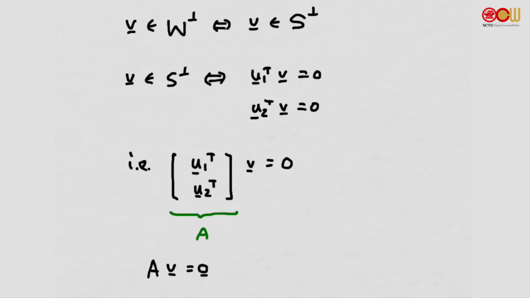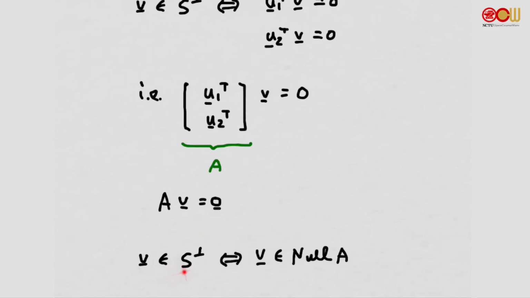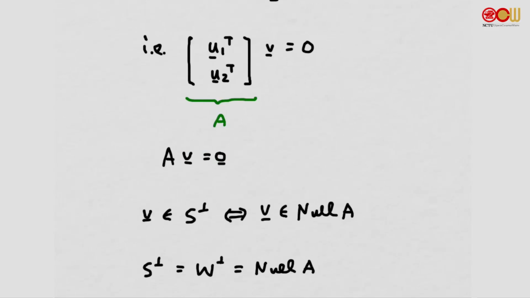V is a vector in S perp if and only if V is a vector in the null space of A. So now we know how to find the null space, right? S perp is equal to W perp, which is equal to the null space of A, and we know how to find the basis for a null space.